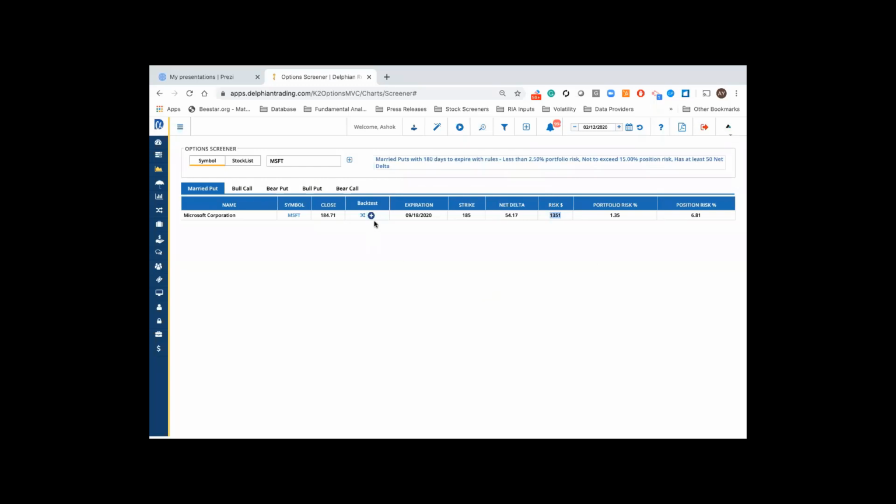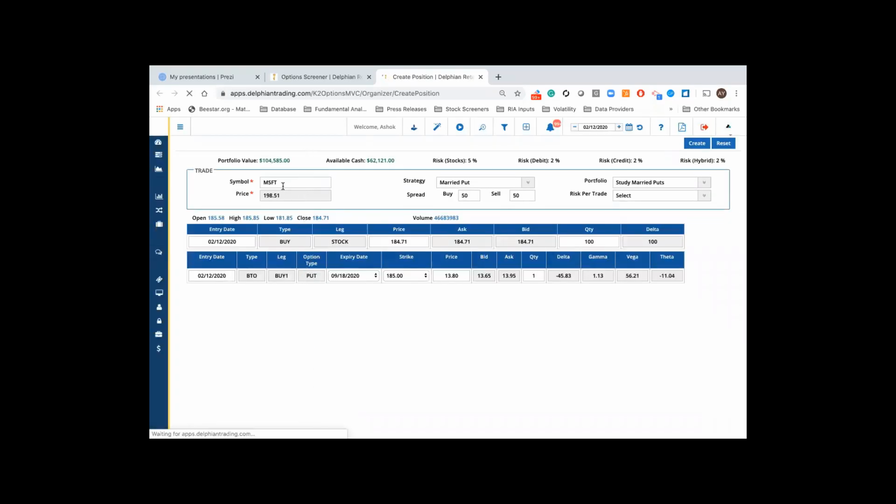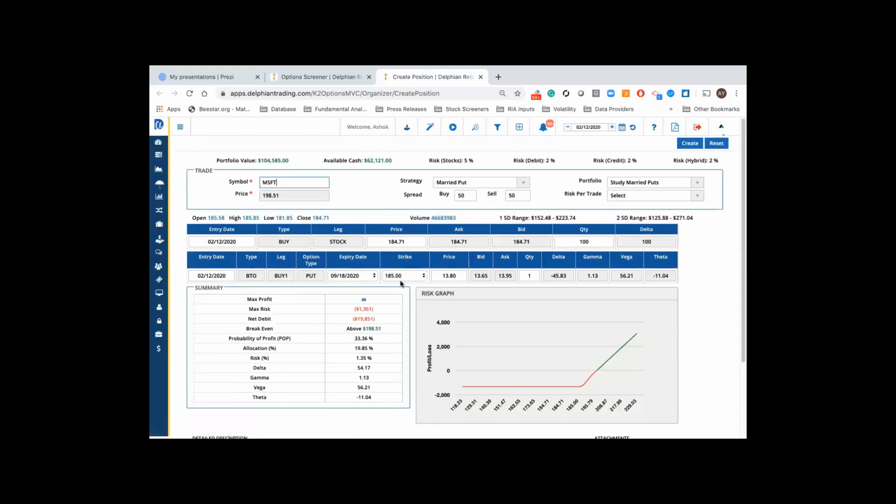Okay. Now let's say I would want to buy 200 shares, not 100 shares. So first time I would buy 100 shares regularly. Let's do one thing.